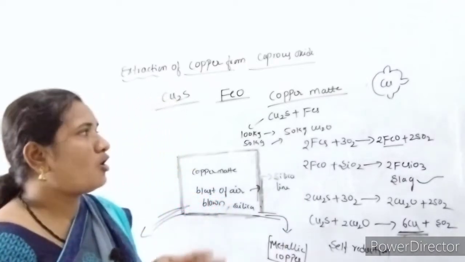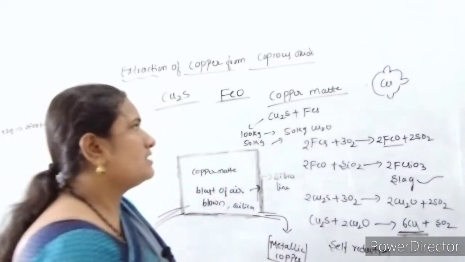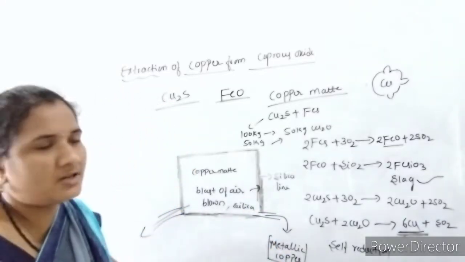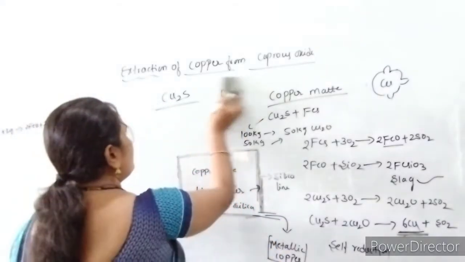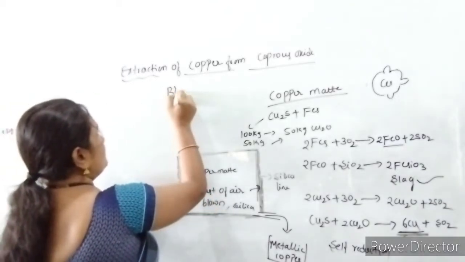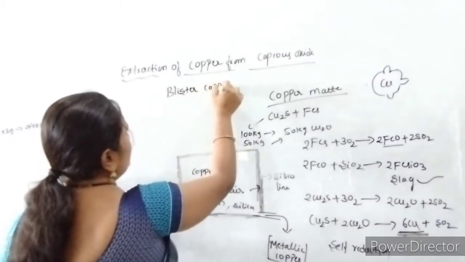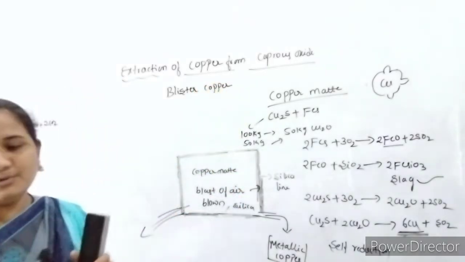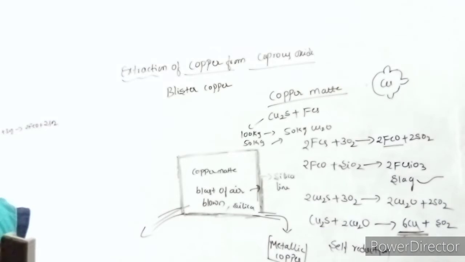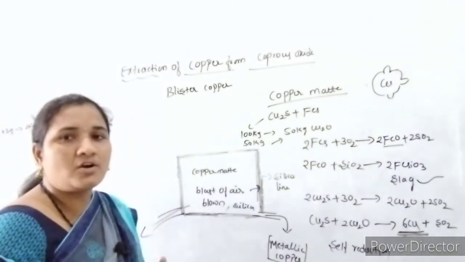That is why the copper obtained from this process is considered to be blister copper. So we are calling it blister copper. The evolution of sulfur dioxide which occurs in this reaction is going to surround the copper metal.